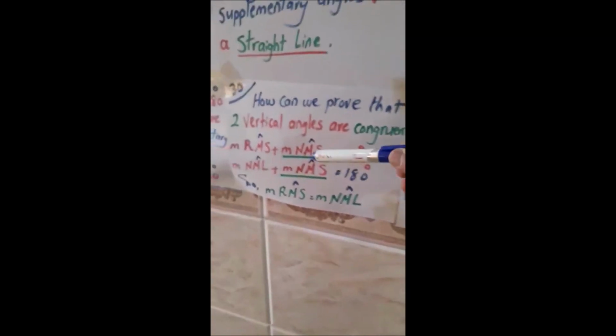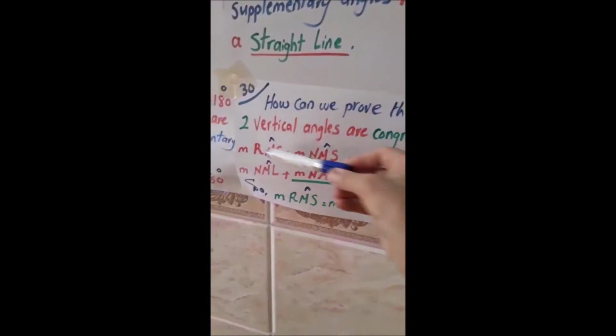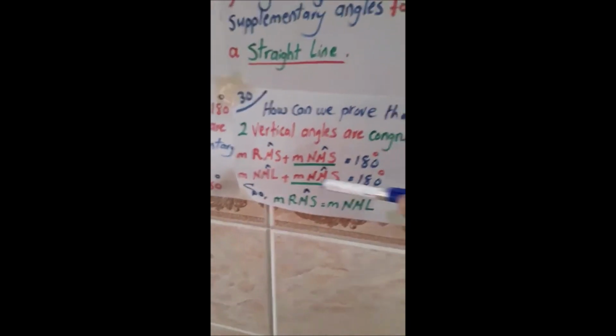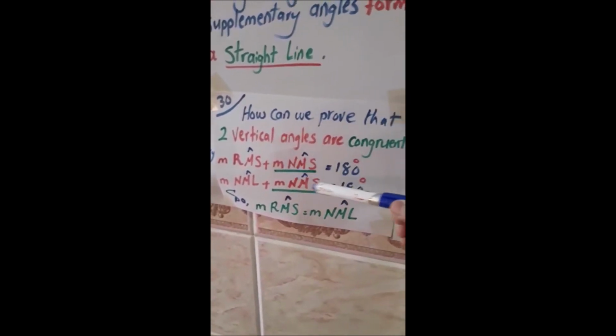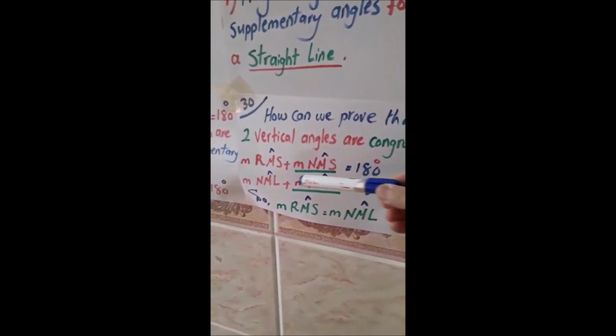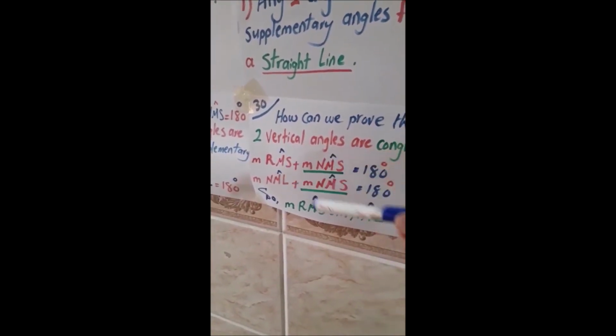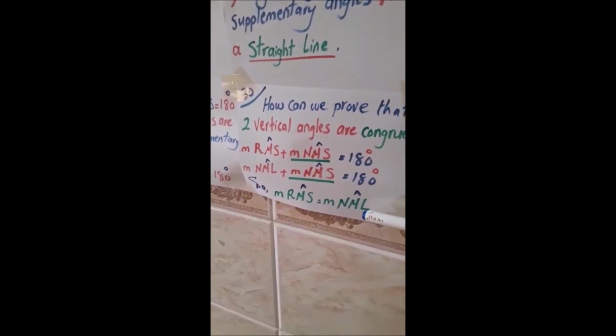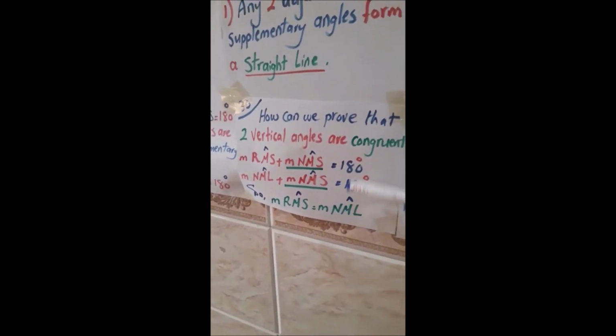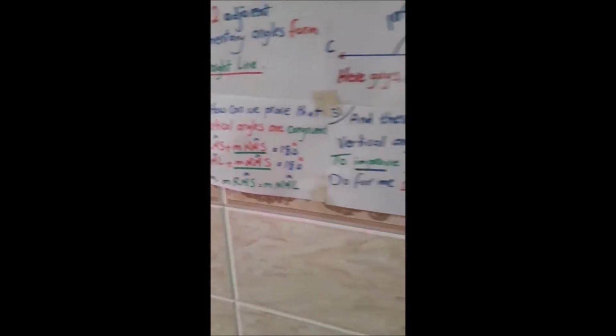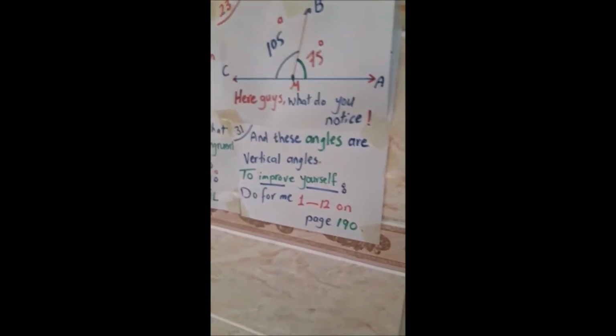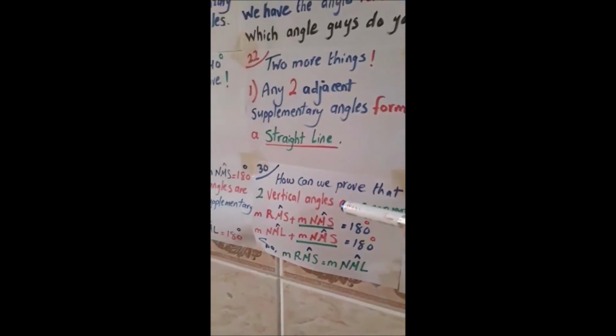As you see, guys, this angle is common between this one and this one, NMS. So from here we can say that RMS and NML are equal and congruent, and they are vertical angles. So guys, I'll repeat this part again.